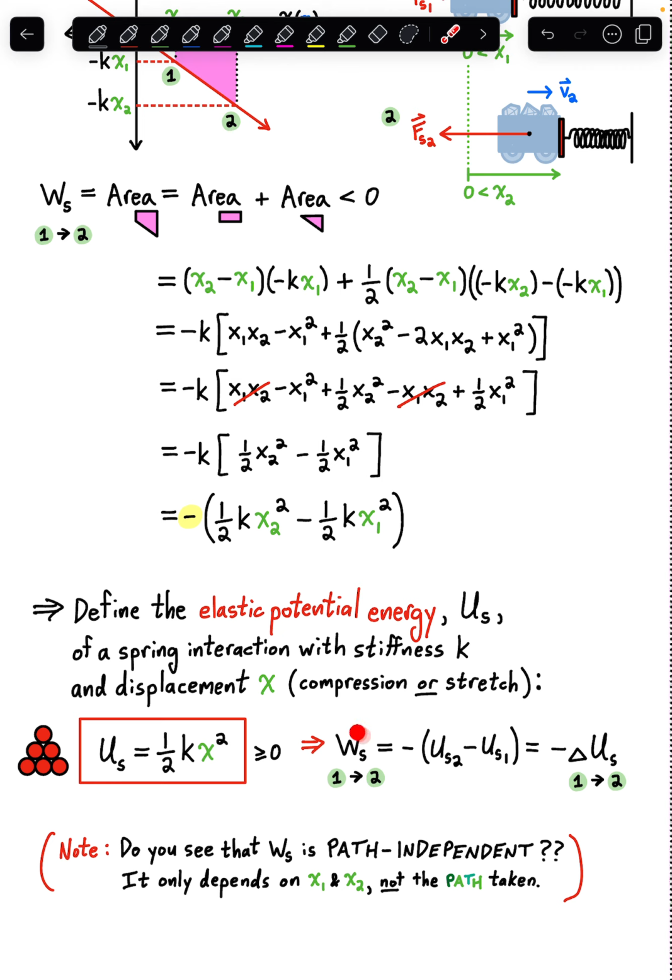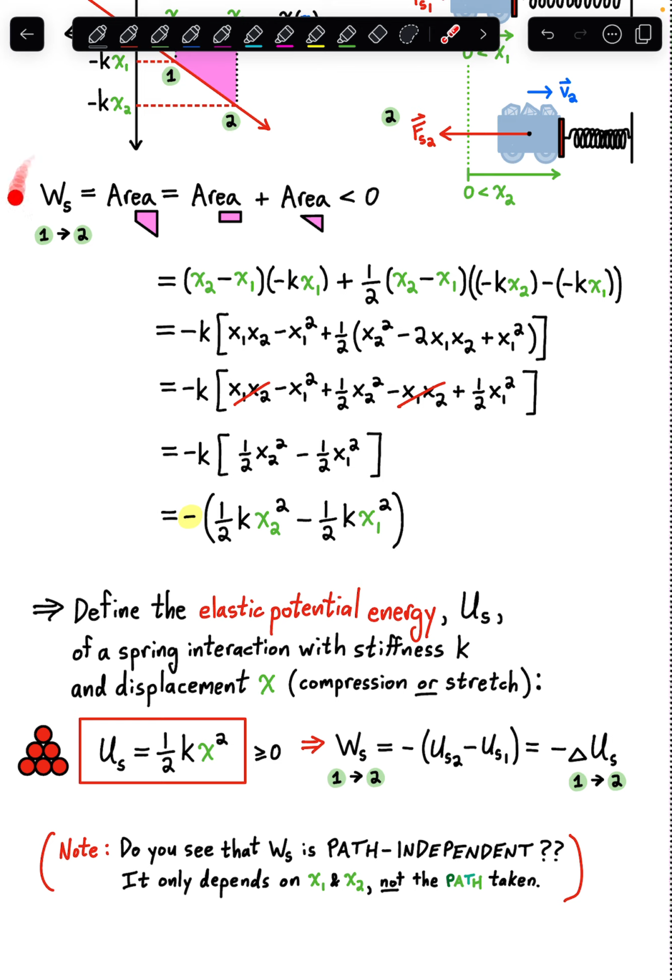So we've written that the work done by the spring equals the opposite of the final U_S minus the initial U_S, the opposite of the change in spring potential energy. And since this is a conservative force, the elastic force, according to Hooke's law, is a conservative force, the work that it does is path independent. The work that it does depends only on the initial value of displacement and the final value of displacement, not the path taken.